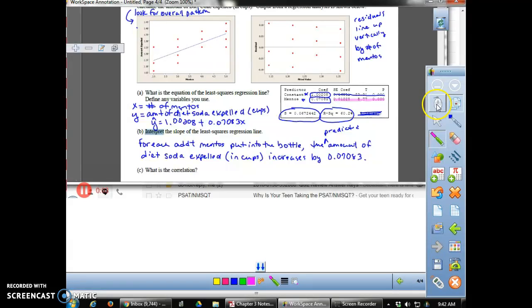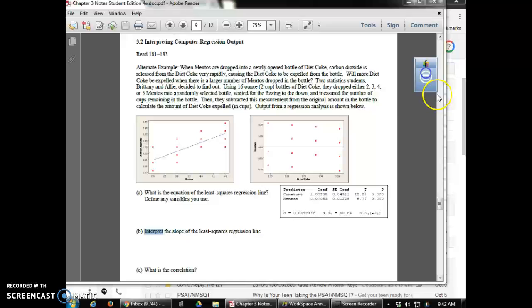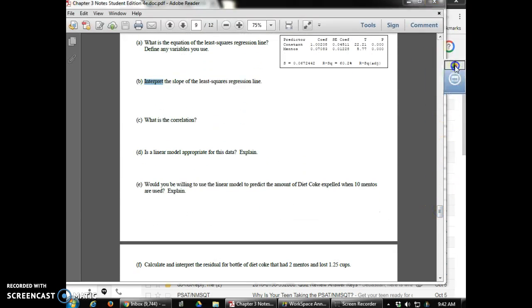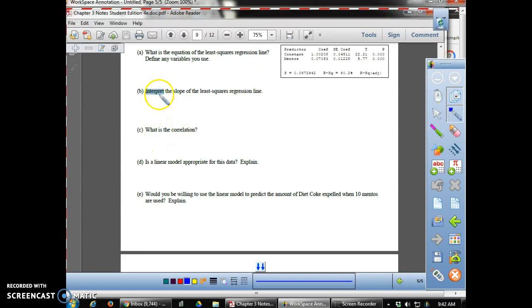Okay, so let's go on and find and interpret the correlation first. I do know my R-square, so I'm going to use that to find my correlation.